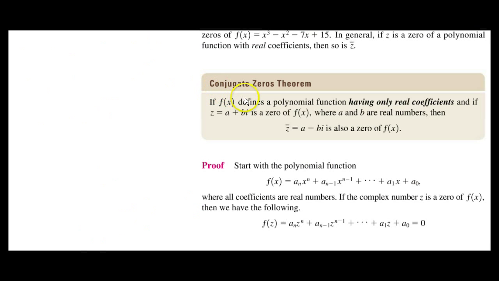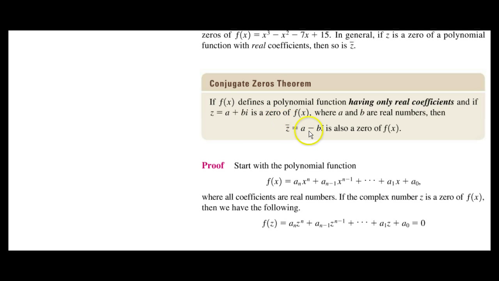So the conjugate zero theorem: if our function f of x defines a polynomial function having only real coefficients, and if we have z, this is one of the zeros, then the conjugate of z is also a zero, just its opposite sign.